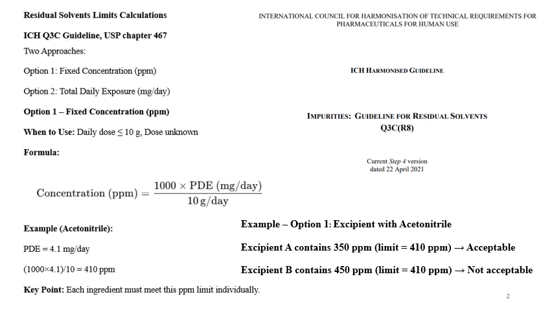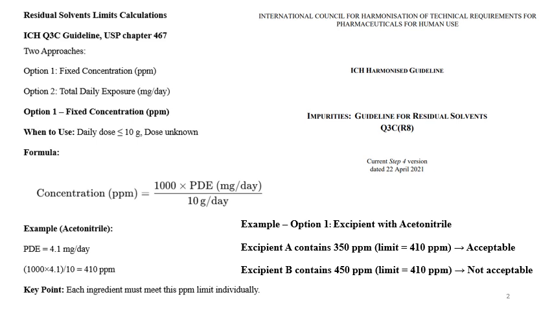That means if all the excipients and drug substances do not contain acetonitrile beyond 410 ppm, then you can directly use option 1 and you can use the excipients in any proportion. You will meet the limit of acetonitrile, that is 410 ppm.